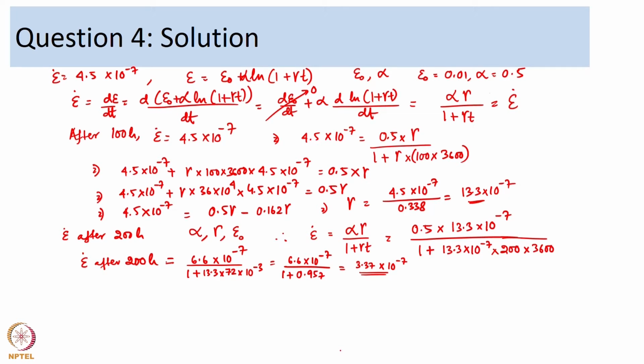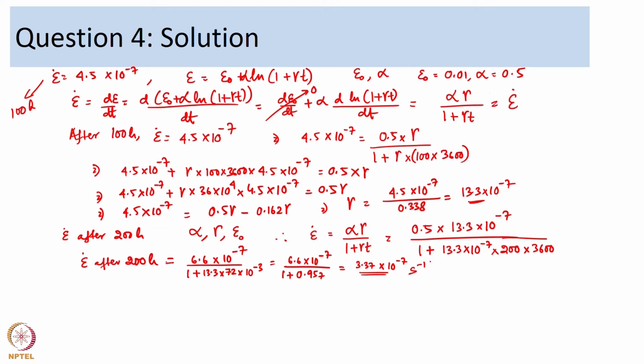If you observe, the strain rate of deformation after 100 hours was 4.5 into 10 to the minus 7 and after 200 hours it is 3.37 into 10 to the power minus 7 per second. So, the strain rate is decreasing, and that is what you expect in a material that is exhibiting logarithmic creep or experiencing exhaustion creep.